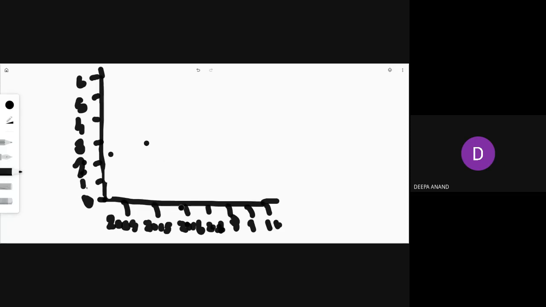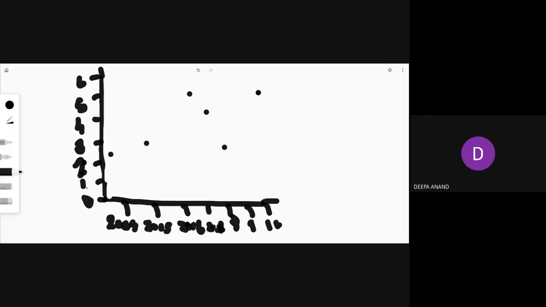It is 5.1 in the next year. 4.3 in the next year. 2008, it has come down to 2.7. Then 5.8 in the year 2009.